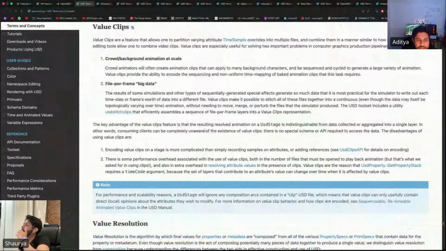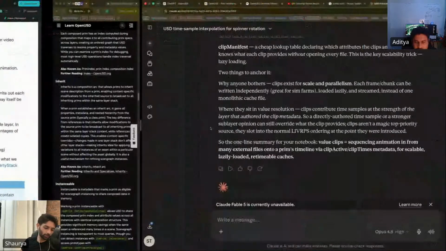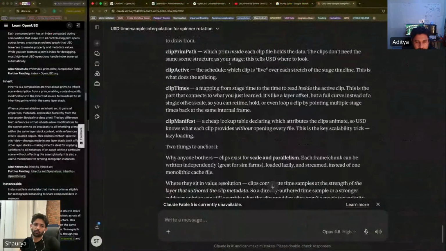So value clips are basically used in defining what layer needs to be used for a particular asset at a particular time.